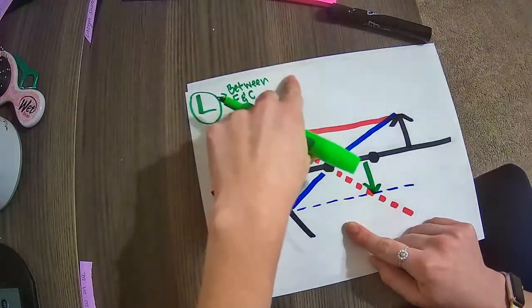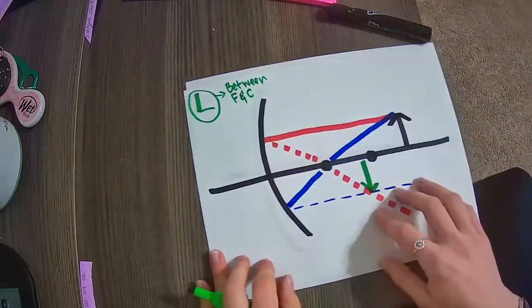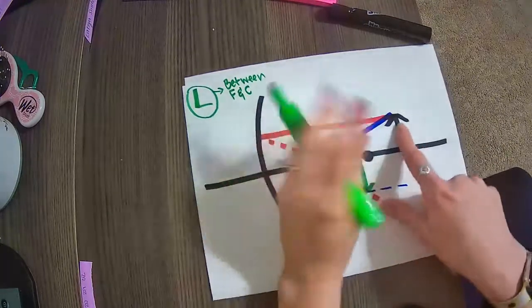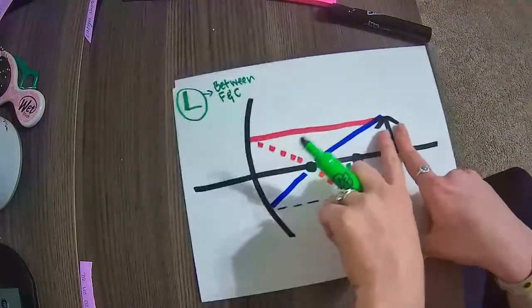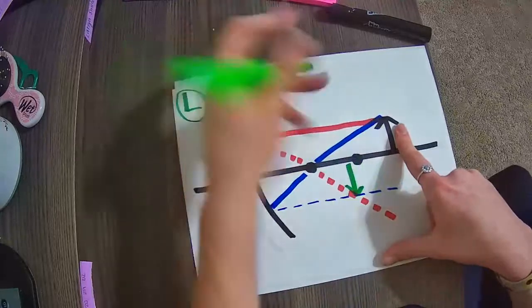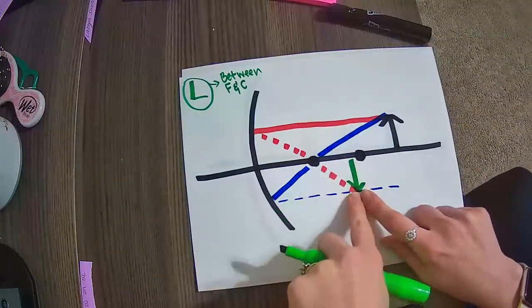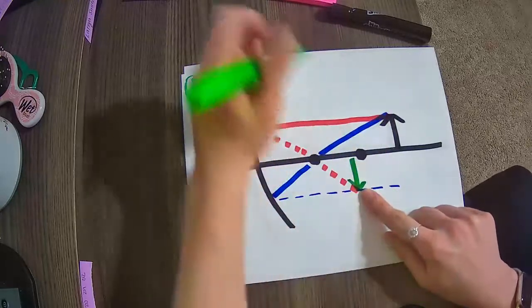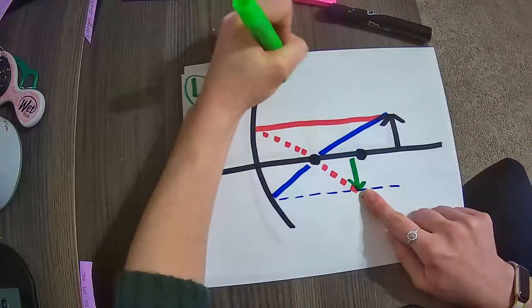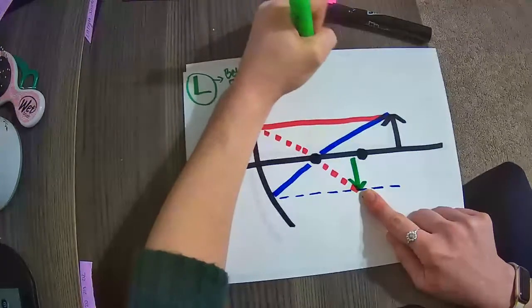O is going to be the orientation of our image. So if upright is pointing, or with the arrow pointing up, the opposite would be inverted, and our arrow is pointing down. So our O is going to be inverted.